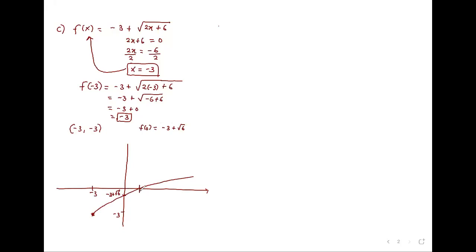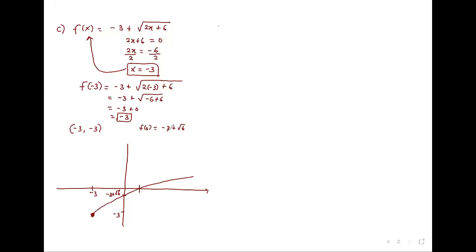All right, I'll repeat, guys. After having the starting point, you want to know whether you're going to the right or going to the left. The easiest way of knowing is by finding the y-intercept if it exists. So you go where there is x in a function, take 0 there, you get -3 plus root 6.